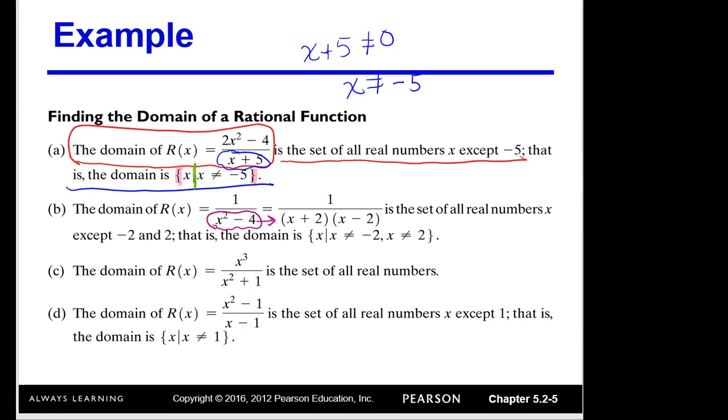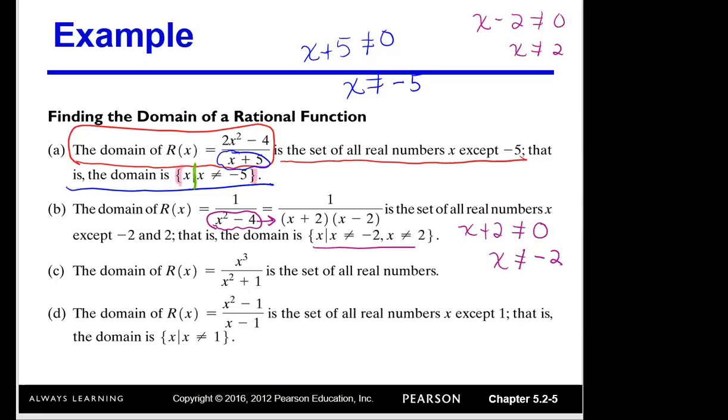And then neither one of those are allowed to equal 0. So if x plus 2 is not allowed to equal 0, when you subtract 2, you'd get x is not allowed to equal -2. And then the x minus 2, you do the same thing. x minus 2 is not allowed to equal 0. Solving for x, I would add 2 to both sides, so x can't be 2.